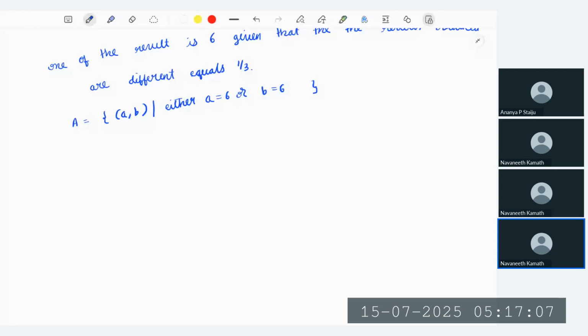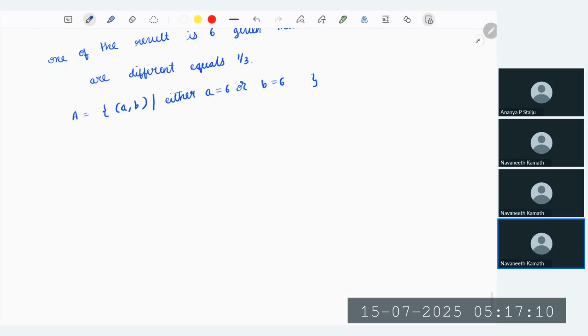No, because it is 11, not 25. See, I consider the first value is 1. The second value can be 6: 1 6, 2 6, 3 6, 4 6, 5 6, 6 6. I consider the second value is 6. The first value will be 1 6, 2 6, 3 6, 4 6, 5 6.